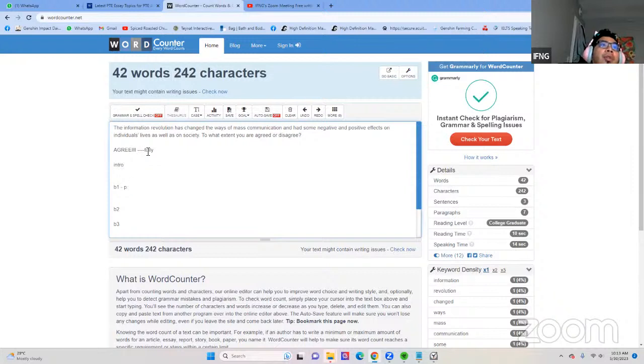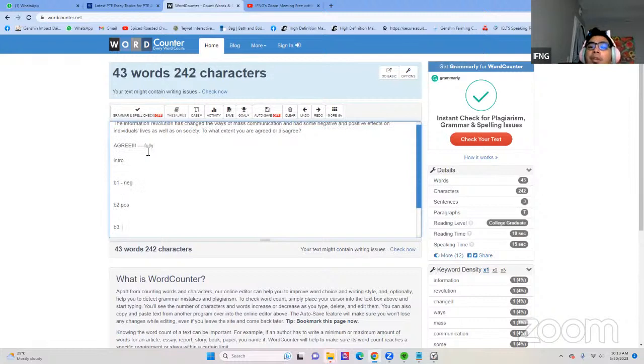Oh, sorry. We'll start with the negative effect just so we have cohesion and coherence. Negative, positives, and of course, what's the other one? Your opinion on the matter, or as to why you agree with it. To what extent?